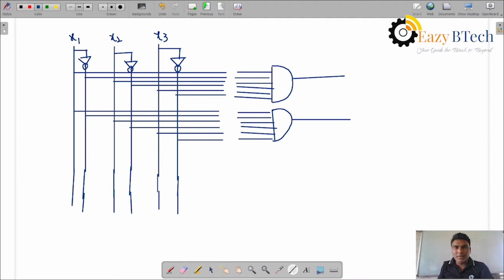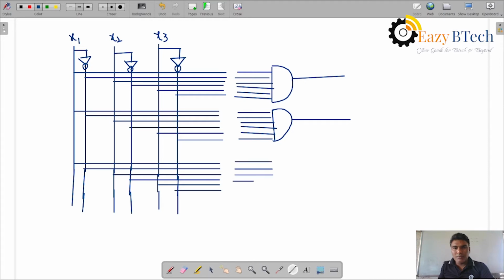Let me take another product term. You can explain this in the external examination, it will be asked. You can draw the structure with detailed information about the fuse connections.